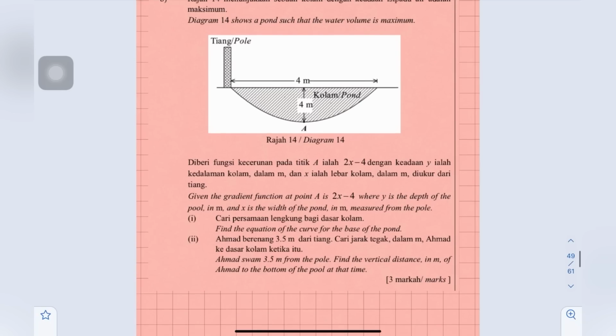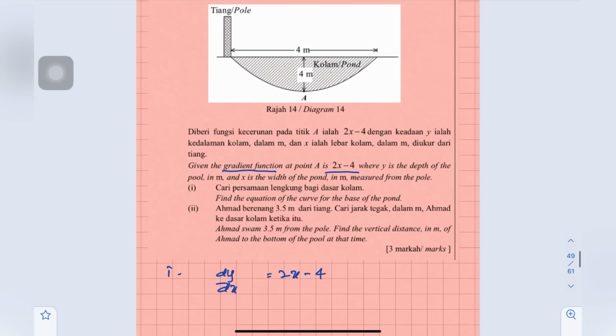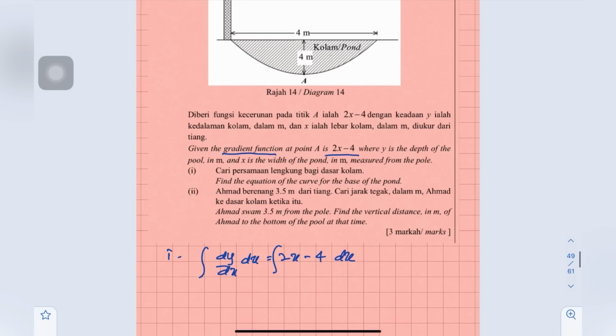Okay, so we are going to find the equation of the curve, and the given gradient function is 2x minus 4. So dy/dx equals 2x minus 4. To find y, we can integrate both sides with respect to x. Integrate dy/dx, we will get y, integrate 2x minus 4, 2x squared over 2 minus 4x plus c.